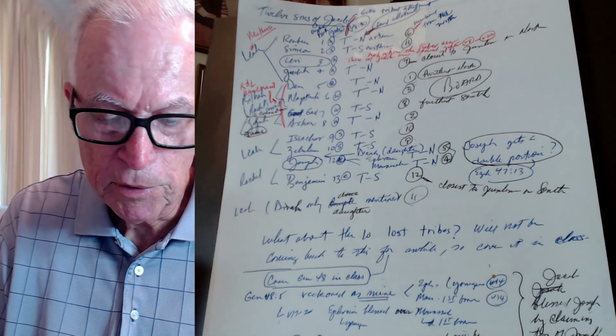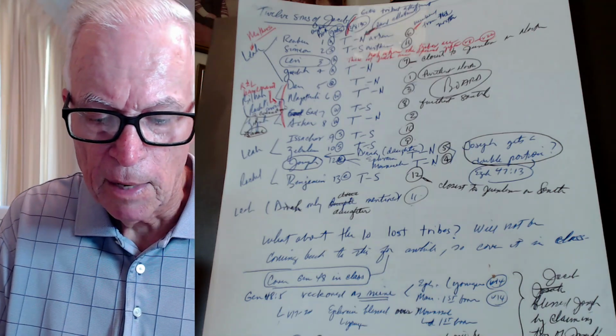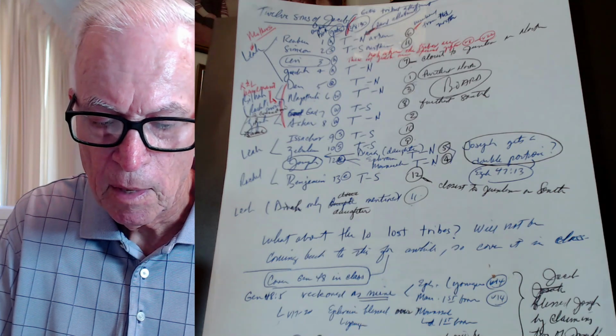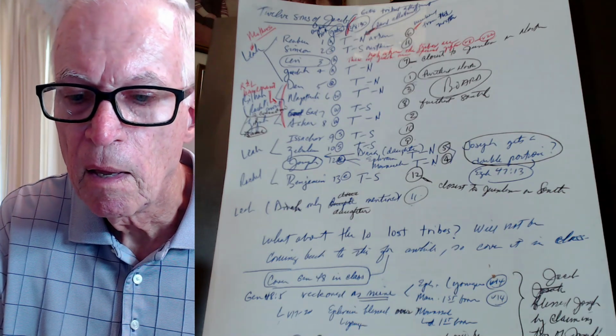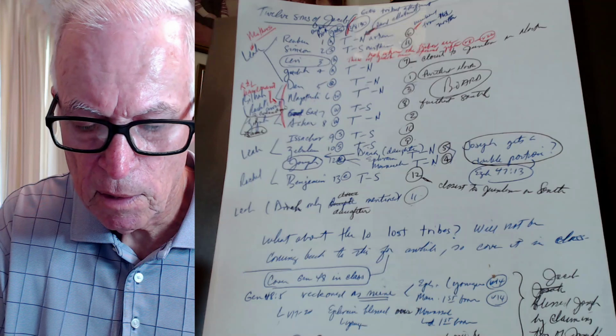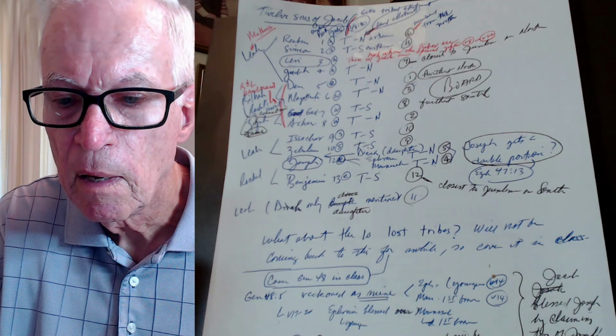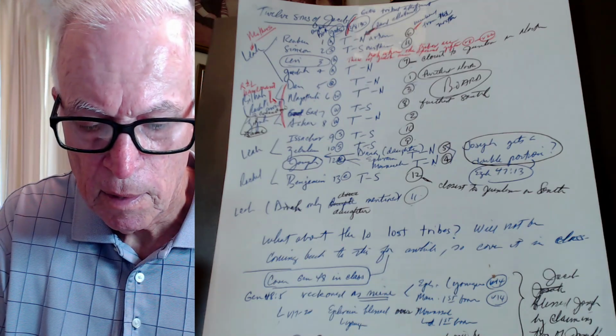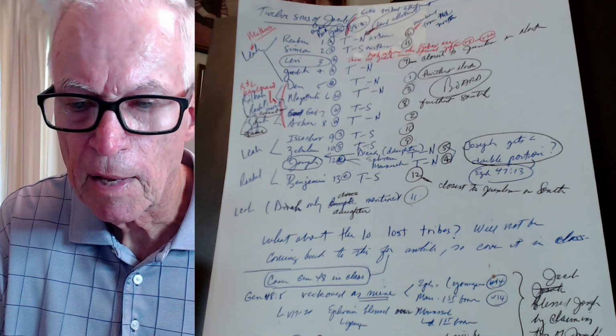Okay, then we jump over to verse 23 and we see Benjamin. And he is from the south allocation.